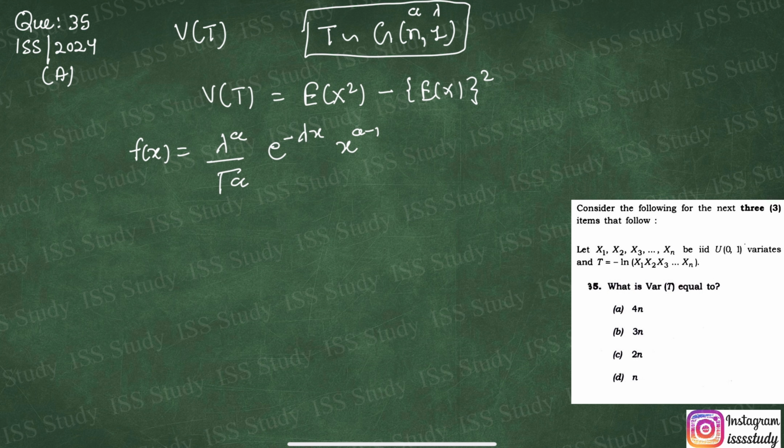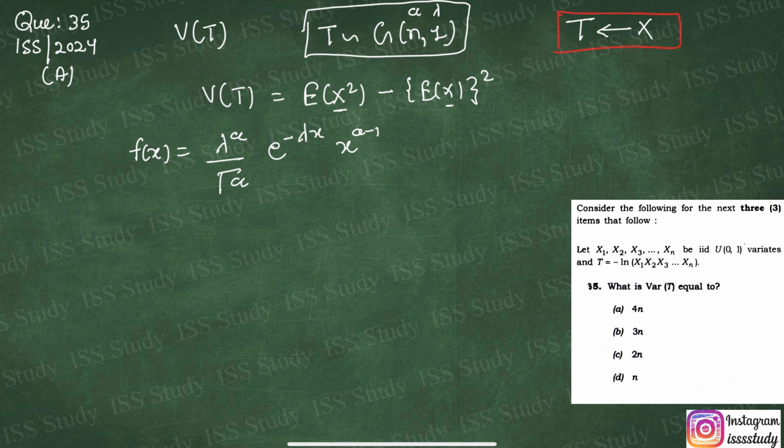Instead of t I have taken x square; you can also put expectation of t square minus expectation of t. I will do all the calculation using x, and at the end, if needed, I will replace this x with t.